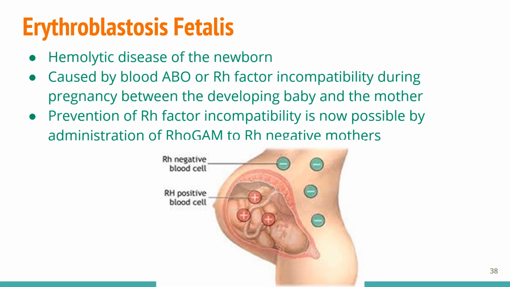That's why they give the Rh factor, or RhoGAM, to Rh negative mothers. If you're ever pregnant, they always check to see if you're Rh positive or negative. If you are Rh negative, especially if it's your second pregnancy, they will give you RhoGAM so that this does not happen.